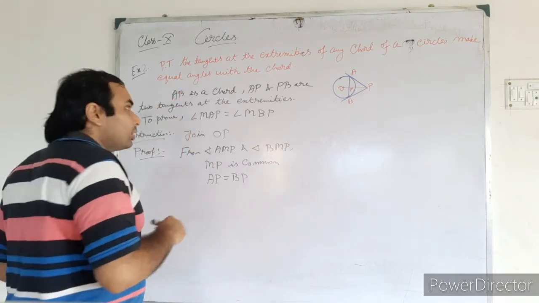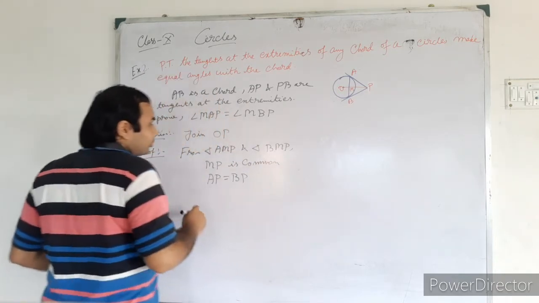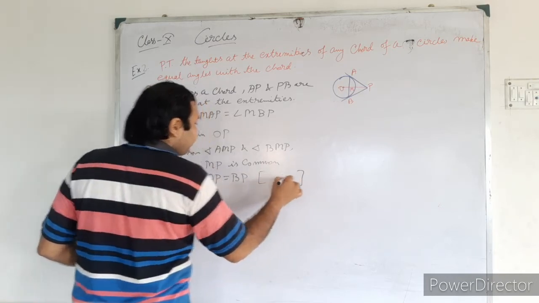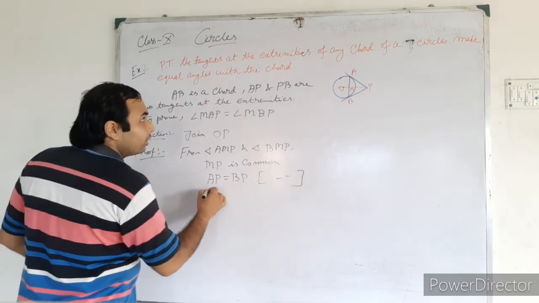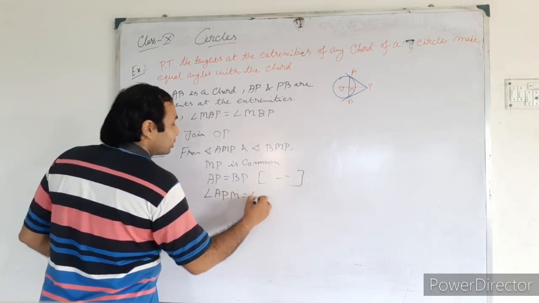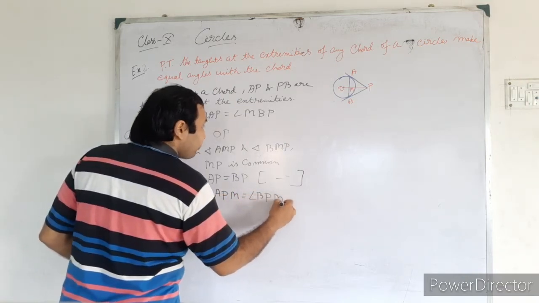One previous theorem was there, the first theorem or second theorem, I can recall that one. So you will write that theorem there. And another one, angle APM equals angle BPM.